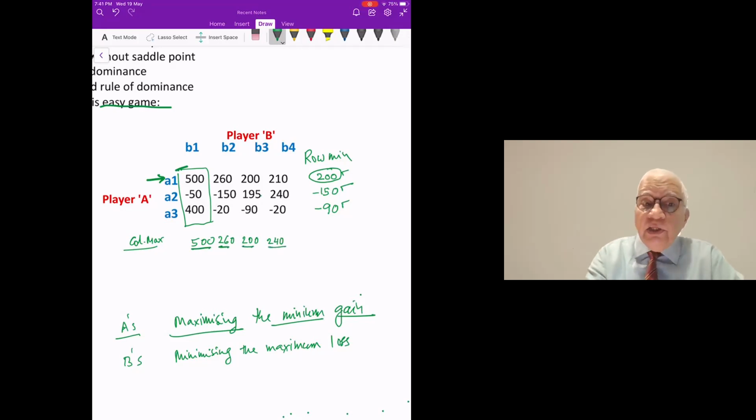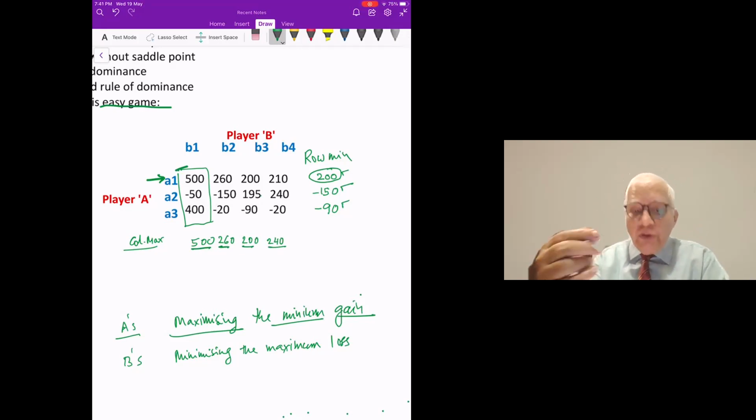This is the maximum loss that I'm going to incur by adopting strategy B1 or B2 or B3 or B4. Since I'm interested in minimizing my maximum loss, I'll choose the minimum out of the maximum values. So the column maximum values are 500, 260, 200, 240.